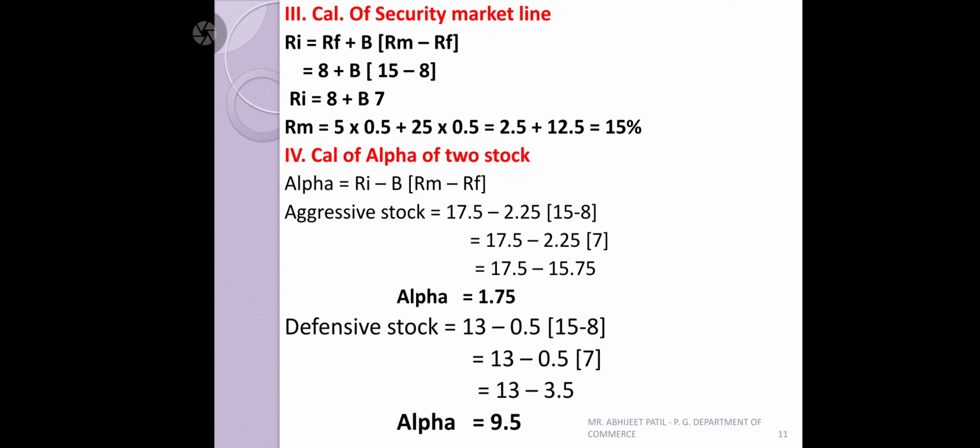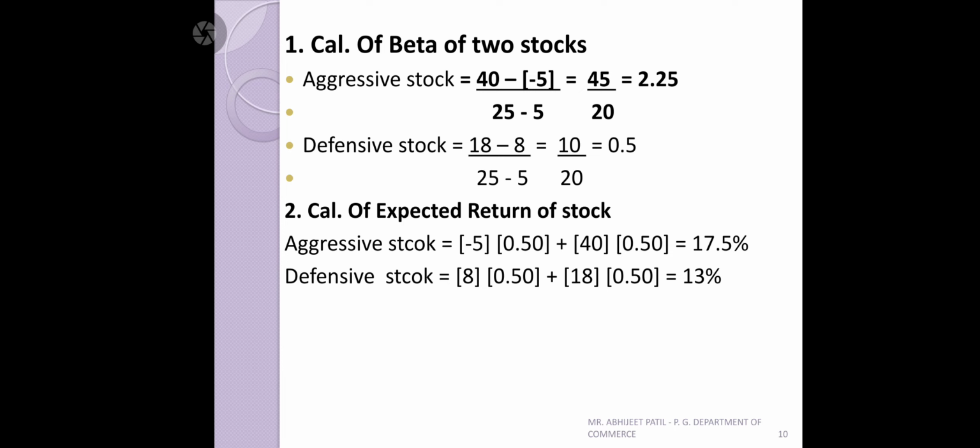Next, I should find out the alpha. That is the fourth question, they ask to find your alpha. How do we find alpha? Alpha is equal to just the reverse of the CAPM equation, that is Ri minus beta into Rm minus Rf. CAPM has a plus, so alpha is just minus it. Using that equation, for the aggressive stock, the return we calculated is 17.5.